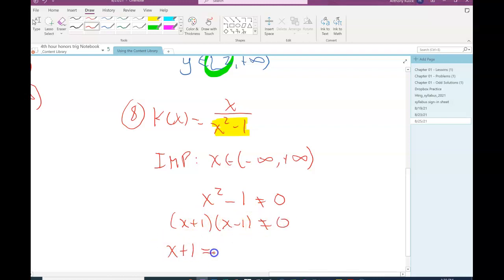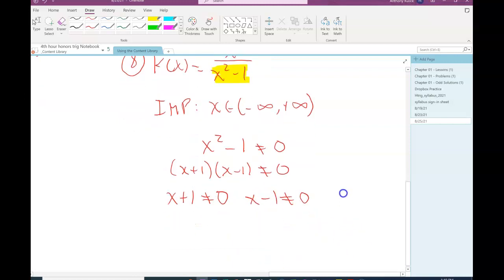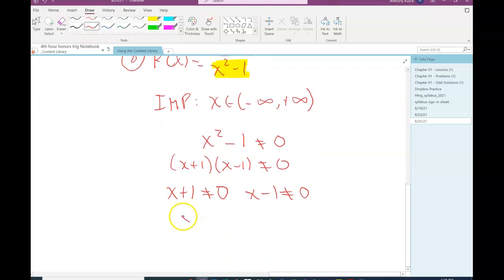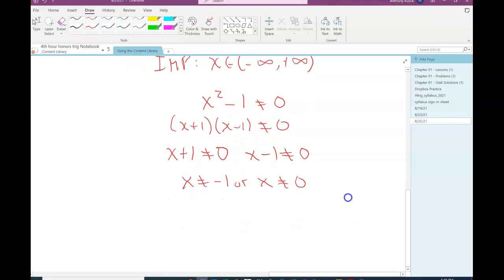I apply the zero product property that allows me to set each of them not equal to 0 in this case. Then I can solve each of those directly. The thought would be, okay, let's translate these into inequalities. Oops. This isn't really an or, this is like an and.